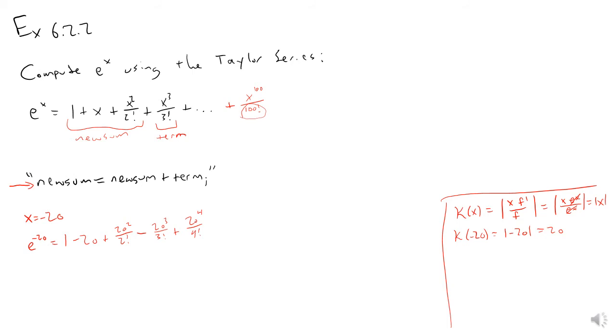We could look at the absolute condition number as well. That'd just be absolute value of e to the x. If I plug in negative 20, e to the negative 20 is a tiny number as well. So whichever type of condition number you want to look at, absolute condition or relative condition, we have a good answer. So in the end, our function e to the x when x is negative 20 is well conditioned.